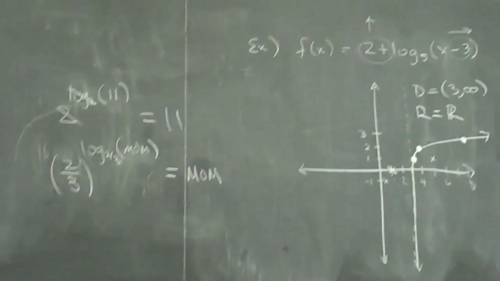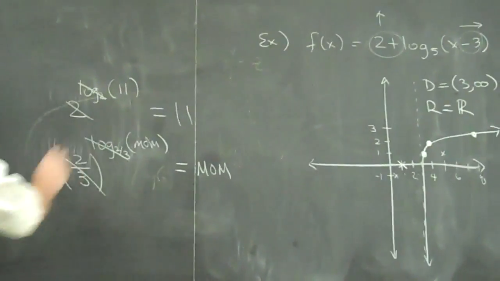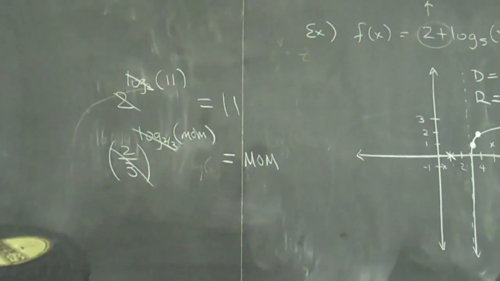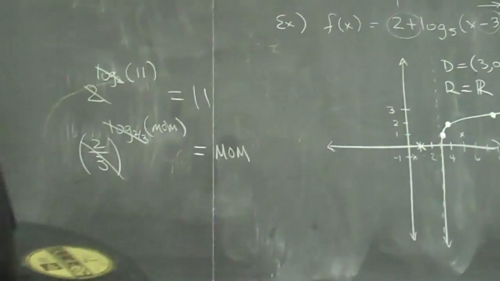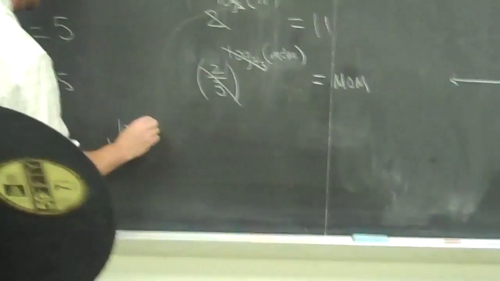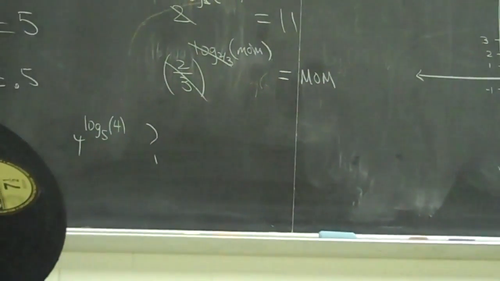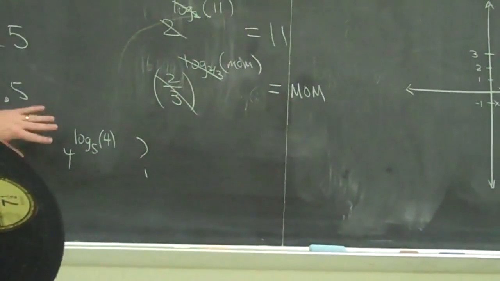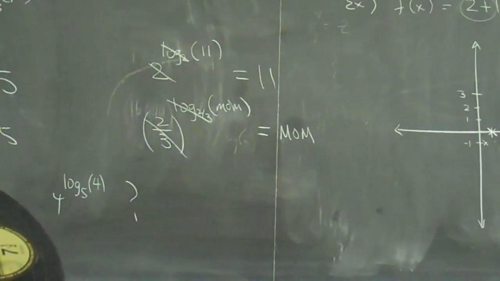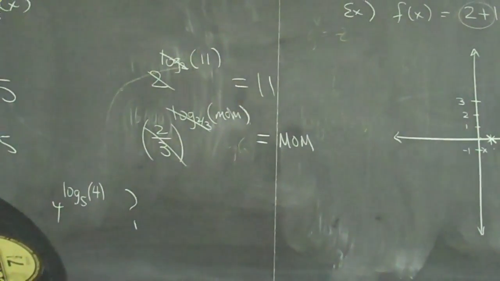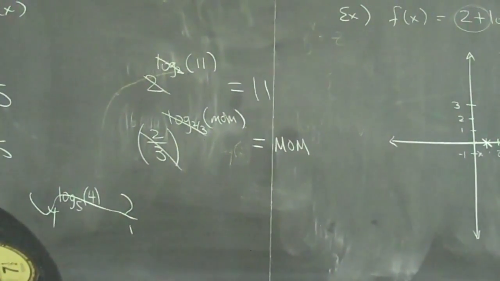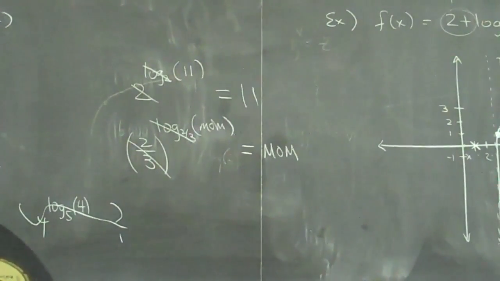The base and the log are defined to cancel each other as long as they have the same base. Like, if I said, what's 4 to the log base 5 of, I don't know, 4? That's much more complicated. When I change the bases up like that, then I gotta do something else. But guess what, we don't do that. As long as they have the same base, plug one into the other, they cancel.